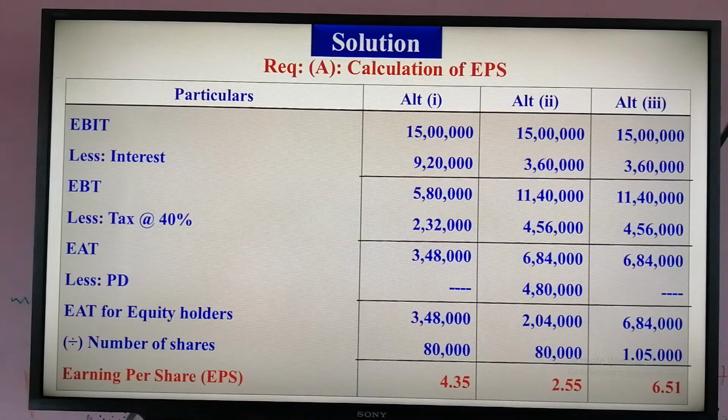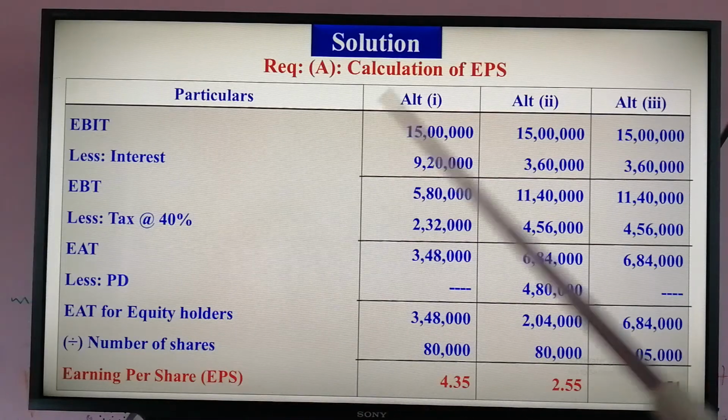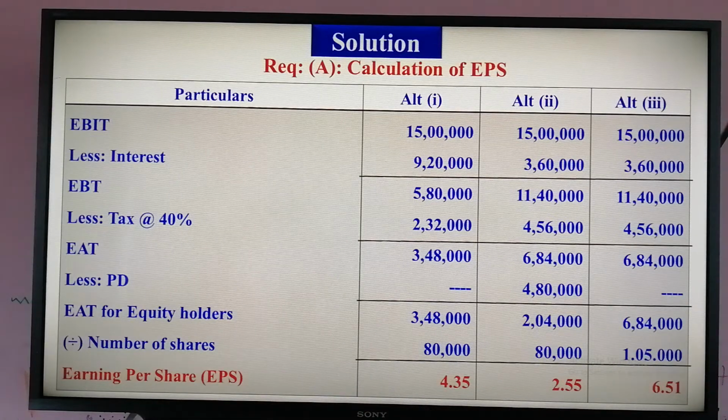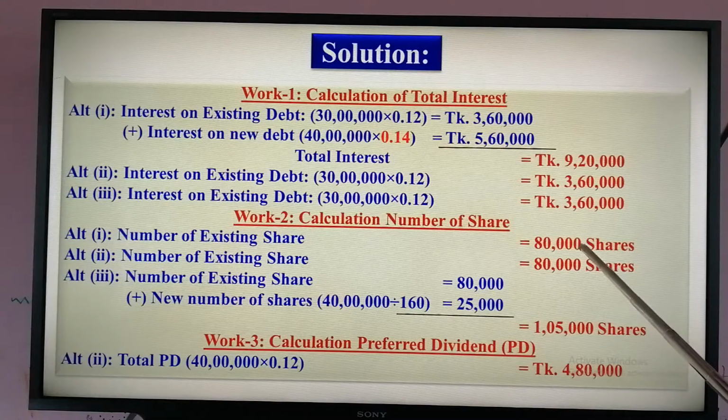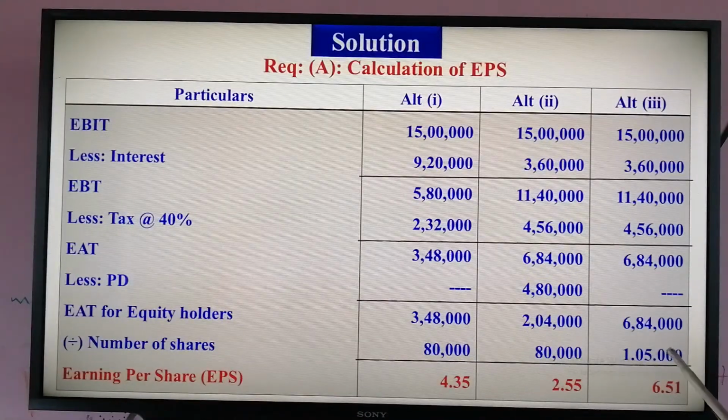And then PD, preferred dividend, only for alternative 2, not 1, not 3. EAT for equity holders. Then you divide the EAT by the number of shares which we collect from this part. 80,000, 80,000, 1,05,000. So earning per share is 4.3 taka, 2.55 taka, 6.51 taka.